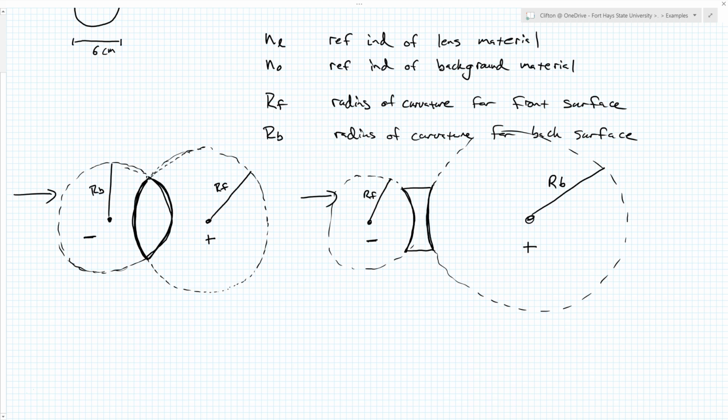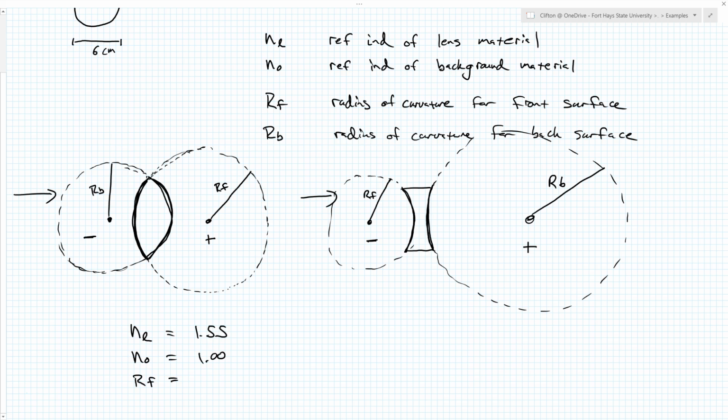All right, so let's write down from the problem what all of these parameters are. So for our problem, the refractive index of the lens material is 1.55. The refractive index of the background material is 1.00 because it's assumed to be air unless we're told otherwise. The radius of curvature of the front surface, so this is a sphere, which means that the radius of curvature of the front and the back surfaces will be the same.